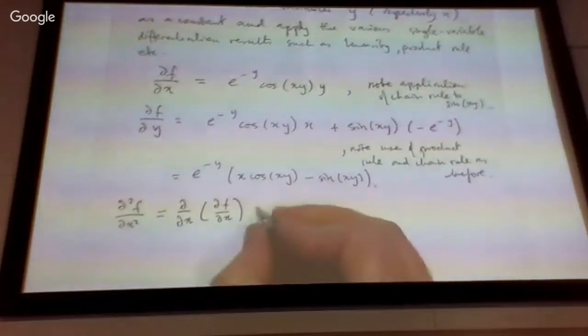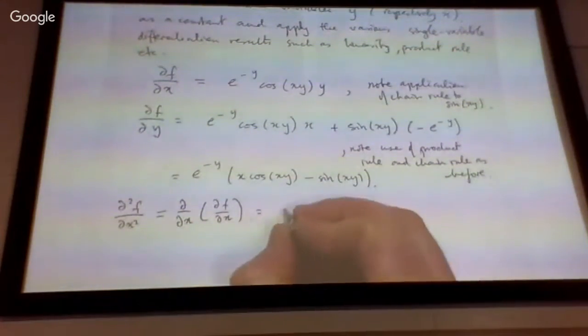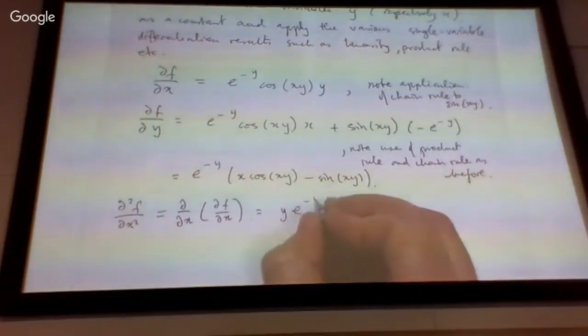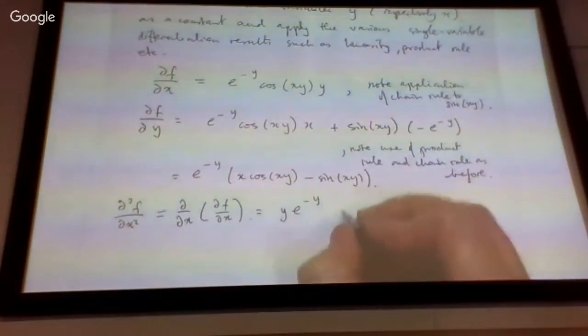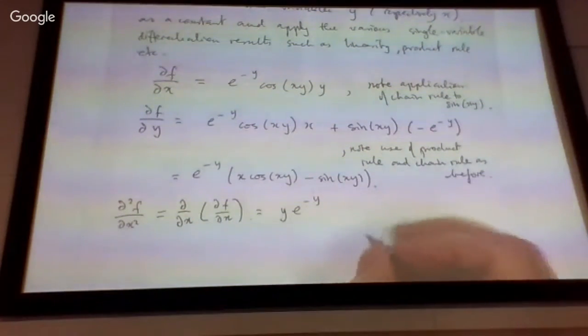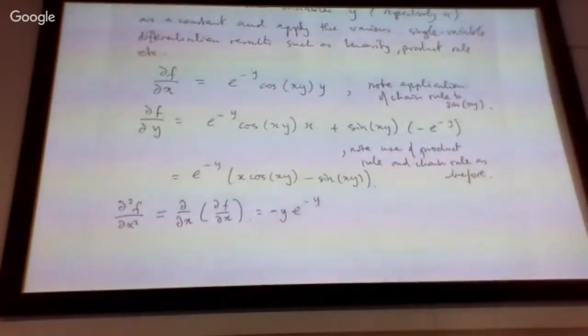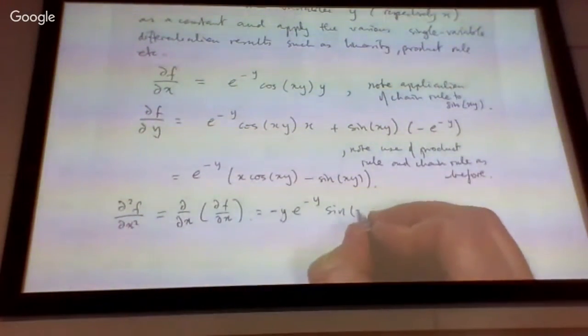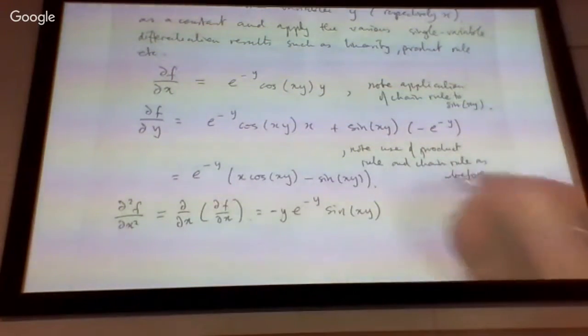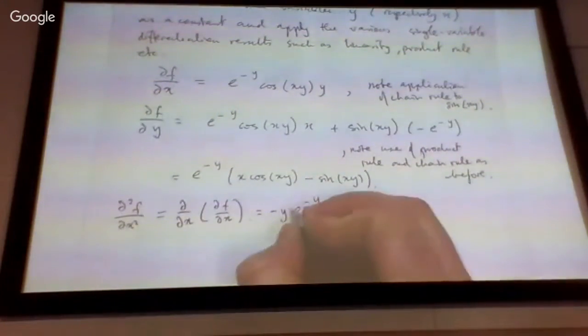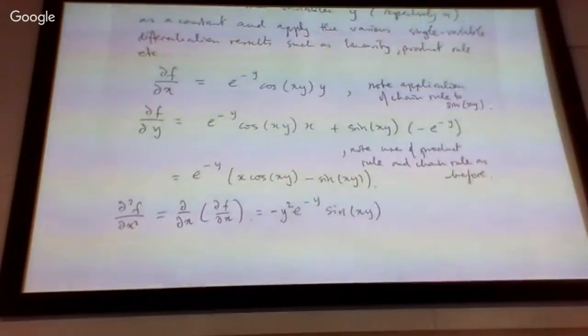Again, all the y's are just treated as constants, so we do still see y e to the minus y. And cosine this time differentiates to minus sine, so I've got minus sine of x times y. I get another factor of y down there, but since I've already got it here, I'll just add a square.